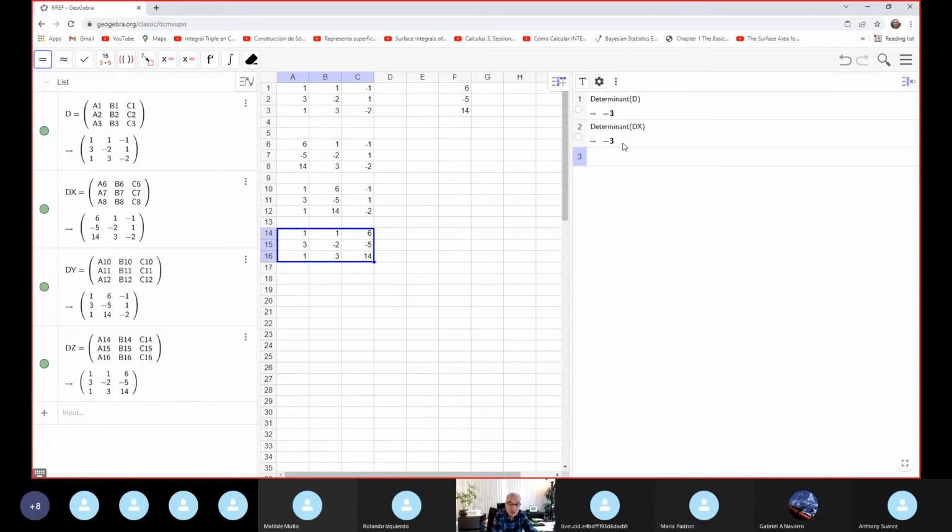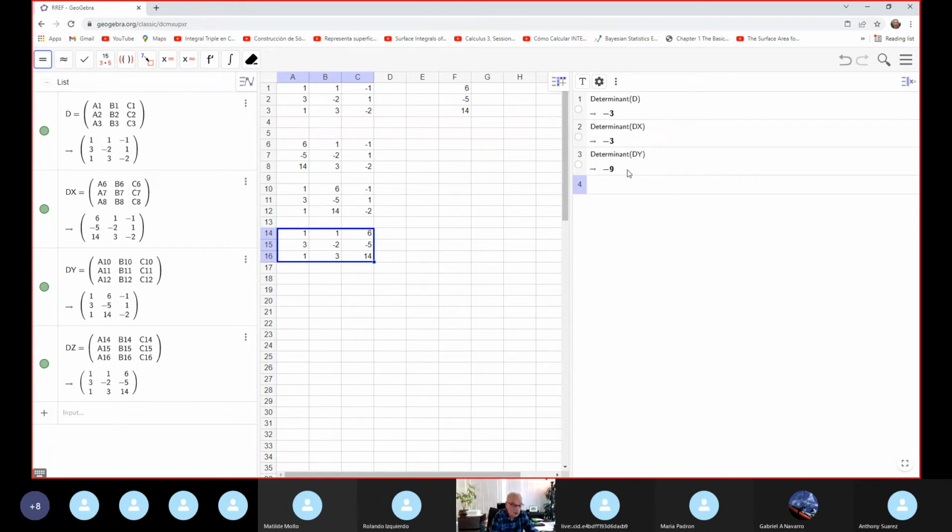Answer is -3. Wow. That means x is equal to 1, no? Because the formula says dx divided by d. Okay, super. Determinant now of dy. The answer is -9. Wow, so -9 divided by -3 is +3.